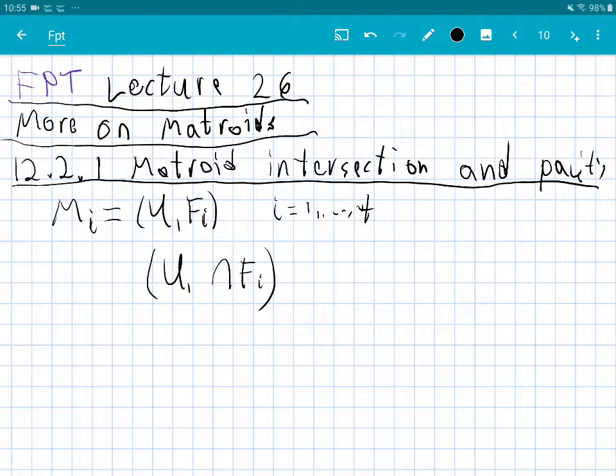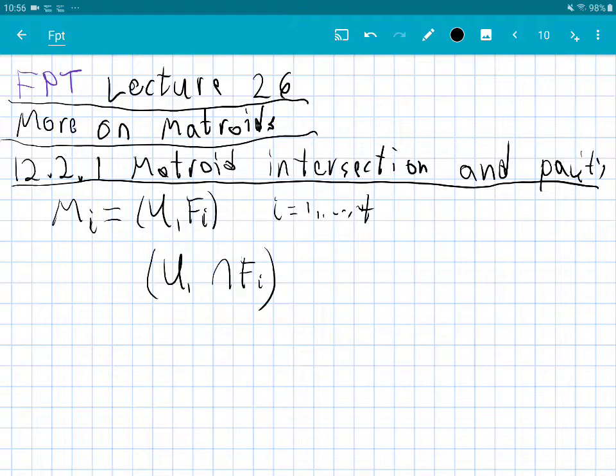To remind you quickly, what is a matroid? We have a ground set U, and we have a family of subsets, and we require three properties. The most important one is hereditary: if a set is in the family, then a subset of it is in too.